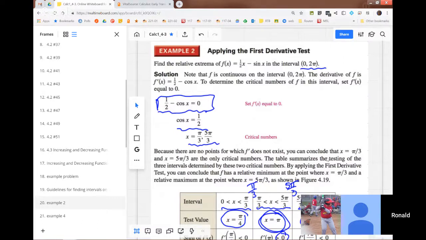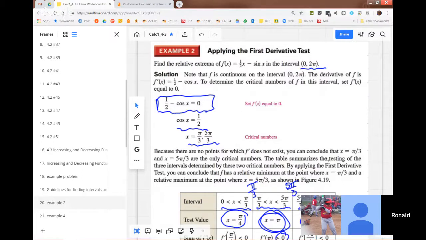This is finding the critical values. Well, when cosine is equal to 1/2, and the cosine is equal to 1/2 at those two angles, pi over 3 and 5 pi over 3. Those are our fence posts.